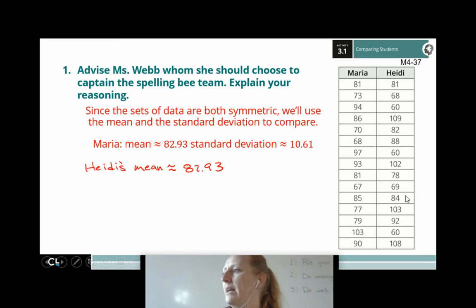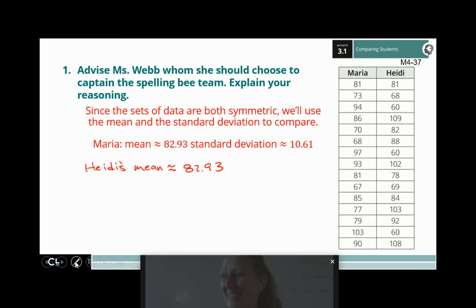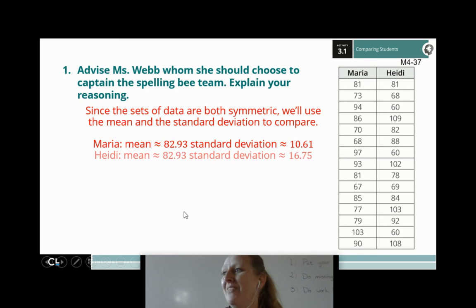So I subtracted 82.93 from all of these, squared them all, added them all, divided by 15 minus 1, which is 14, did the square root. And I found out that Heidi's standard deviation is 16.75.